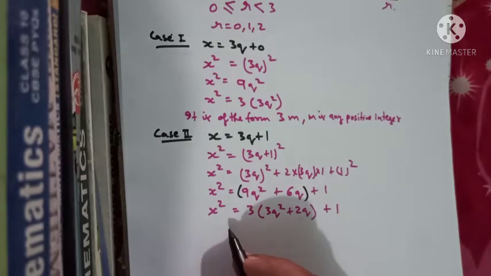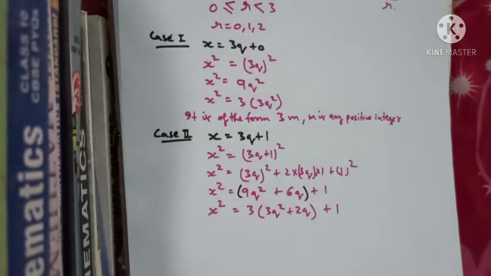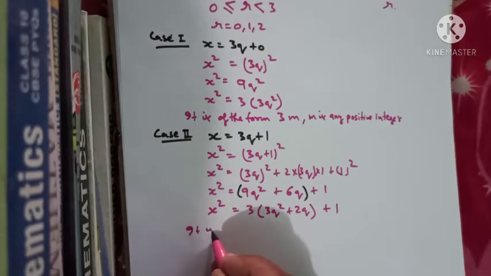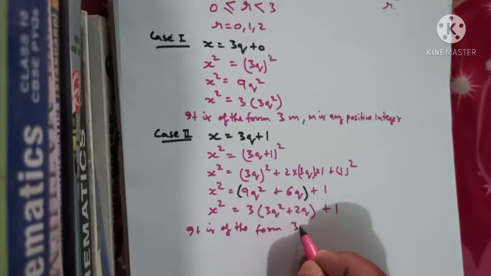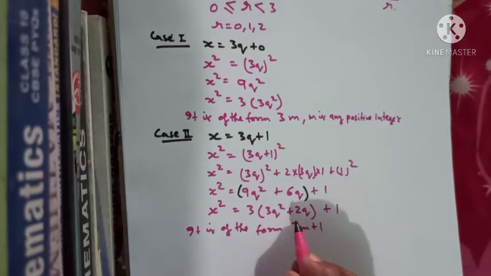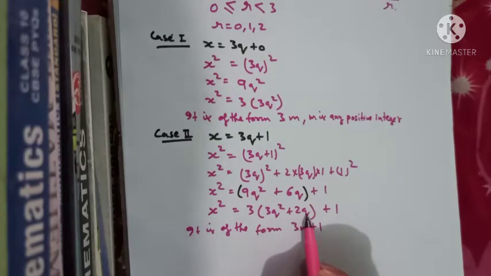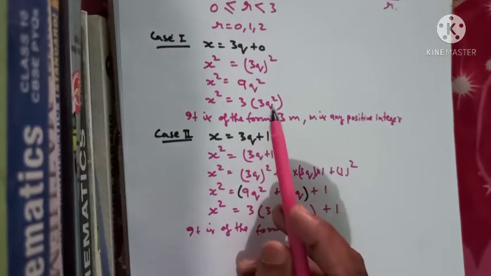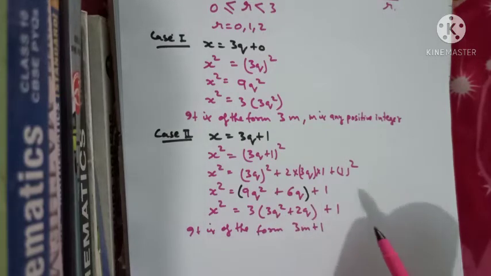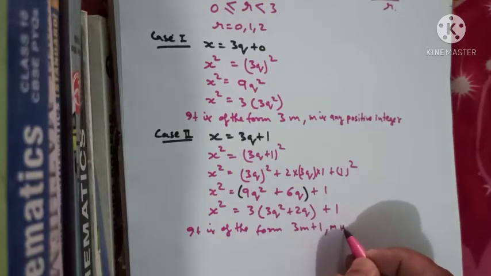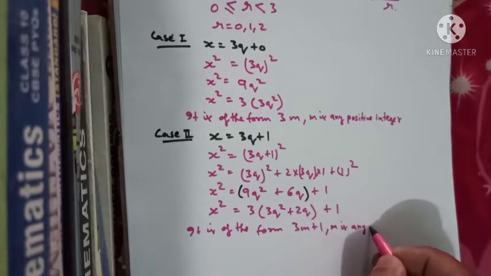So again it is showing that x square is of the form 3m plus 1, where 3q square plus 2q is any integer m. Here we have taken 3q square plus 2q as an integer m, and m is any positive integer.